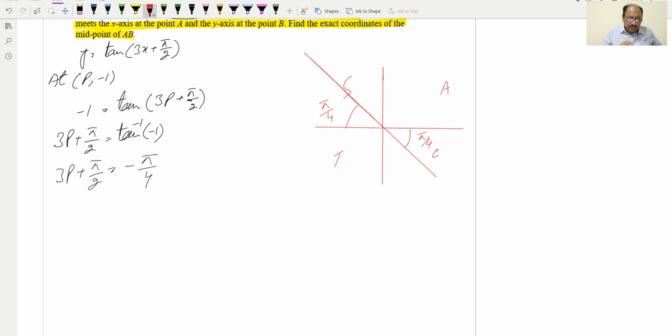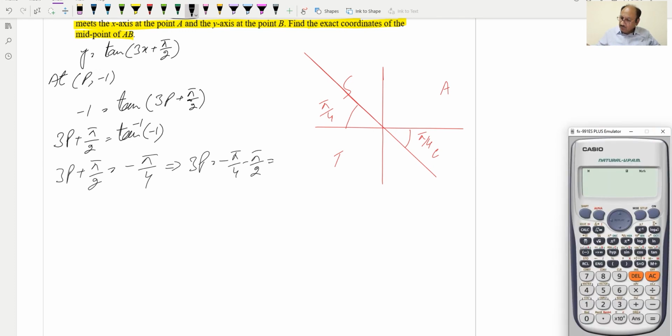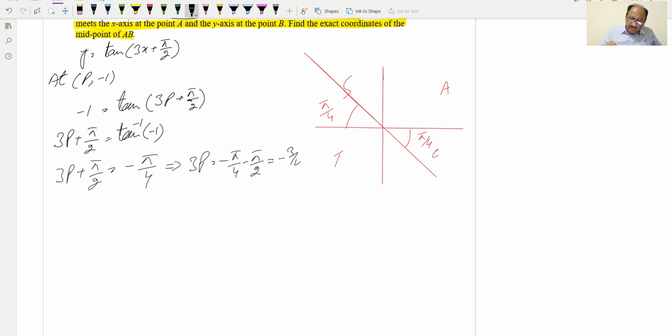So we can rewrite this equation. This implies 3p is equal to minus pi by 4 minus pi by 2, and this will be equal to minus 1 over 4 and minus 1 over 2, and this is giving us minus 3 by 4.